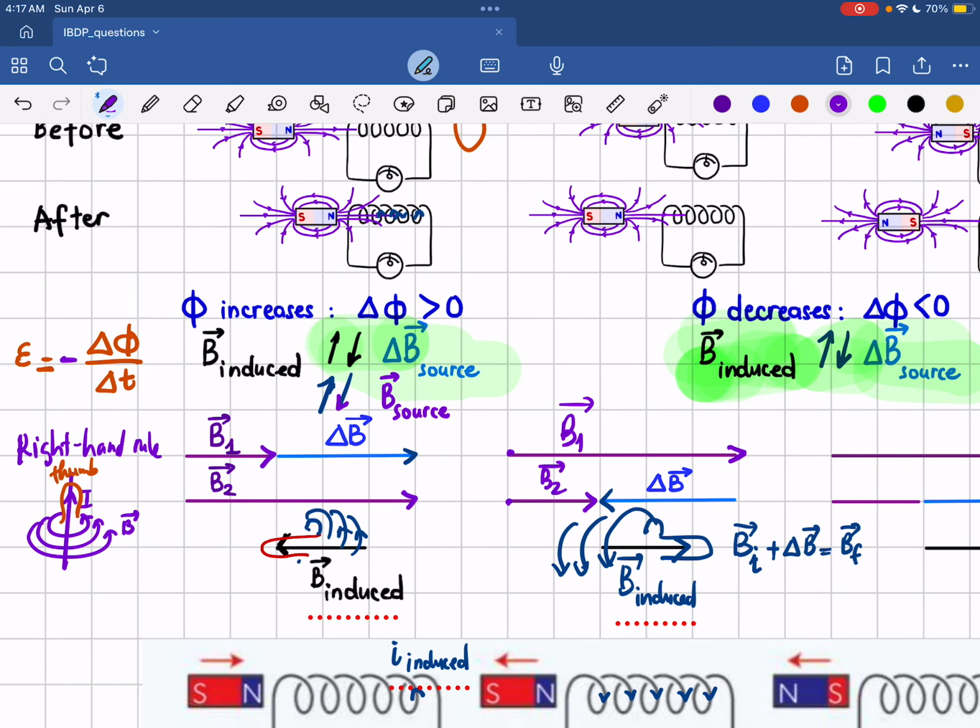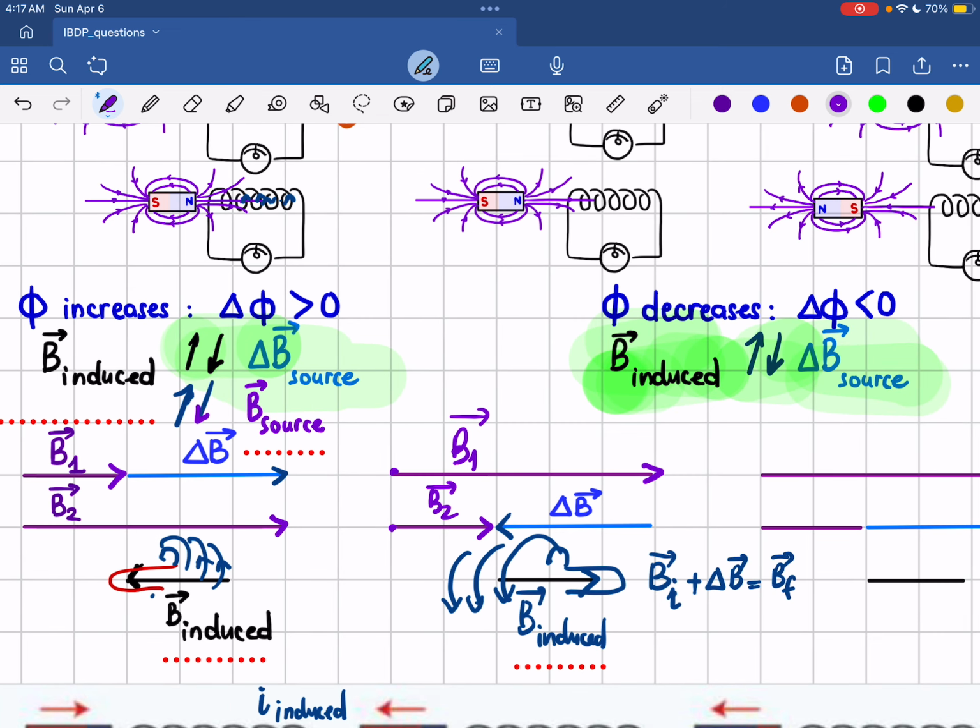But in the second case, if the flux is decreasing, then the B induced will be supporting the source. Then it will be in the same direction as the source. Make sense, right? You can see that.